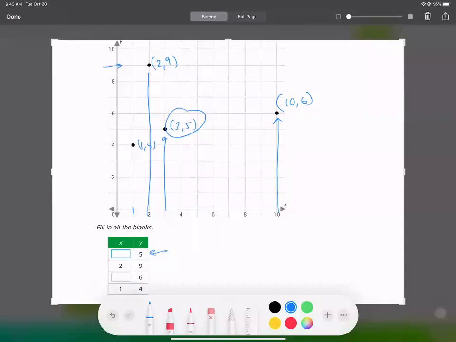Something 5 is 3. We have 2, 9. We have something 6. Look at 6. What's something 6? Oh, that's 10, 6. 1, 4. Yep, we got that. So you're going to fill out the missing points on the table.